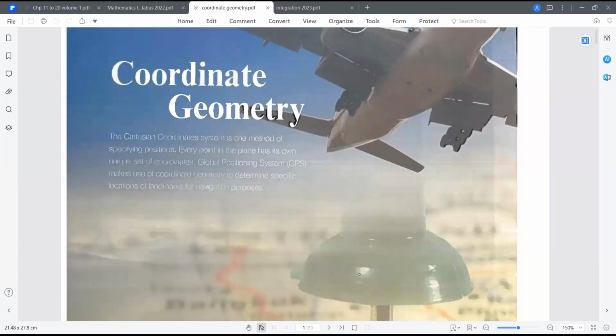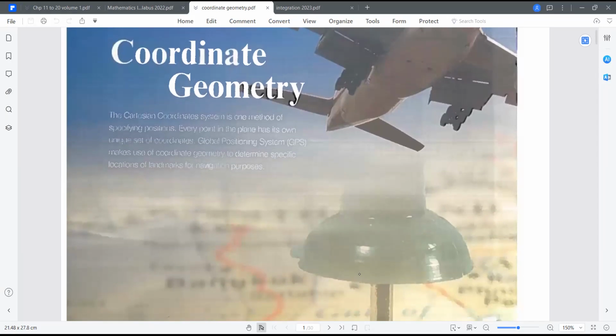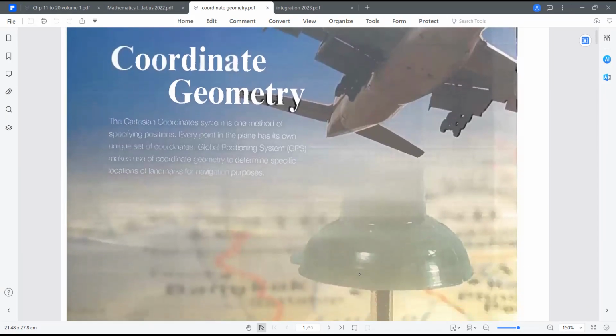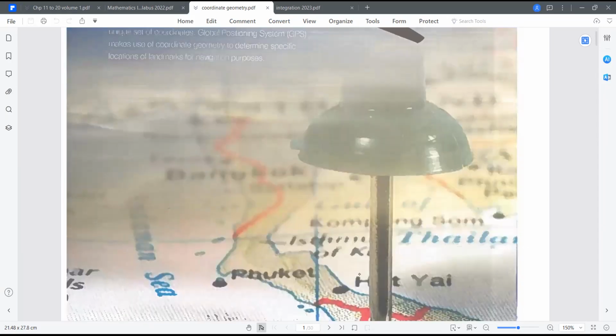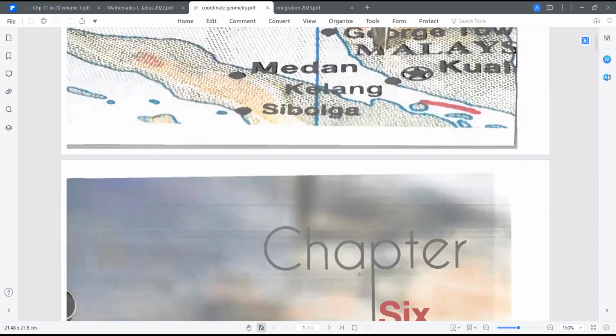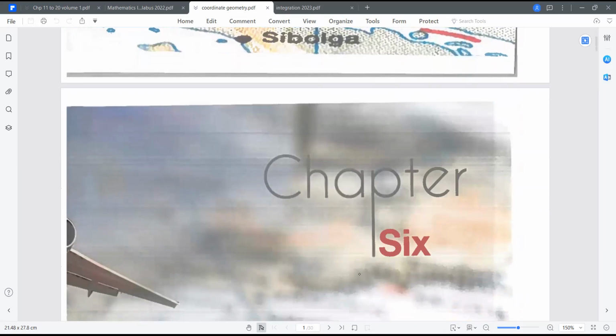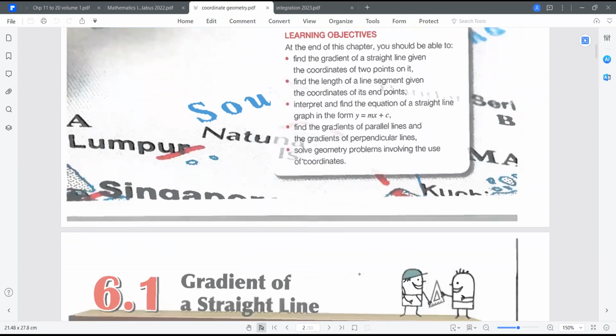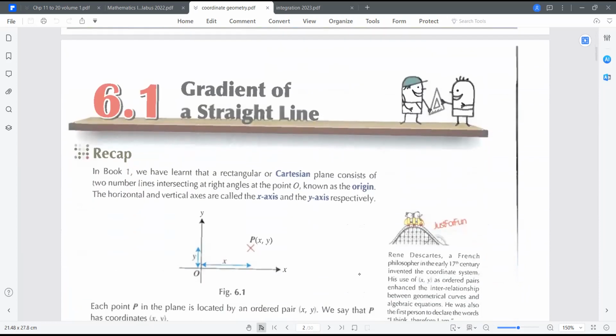I already introduced coordinate geometry in a different way. Now I will give a formal introduction of coordinate geometry, and we already discussed the slope of a straight line. You already know the slope of a straight line. Let me give you another definition of the slope of a straight line in this lecture.